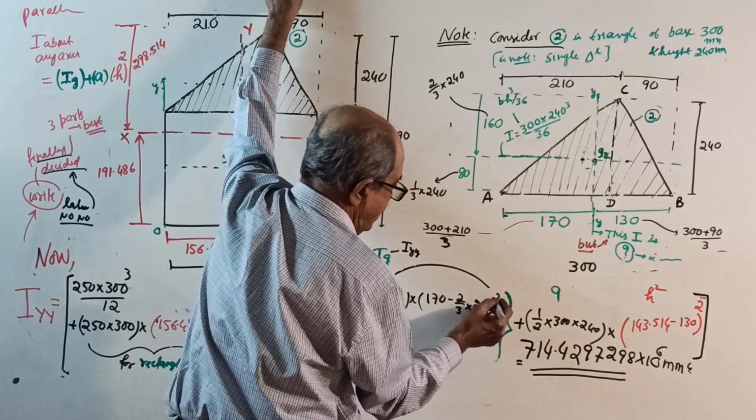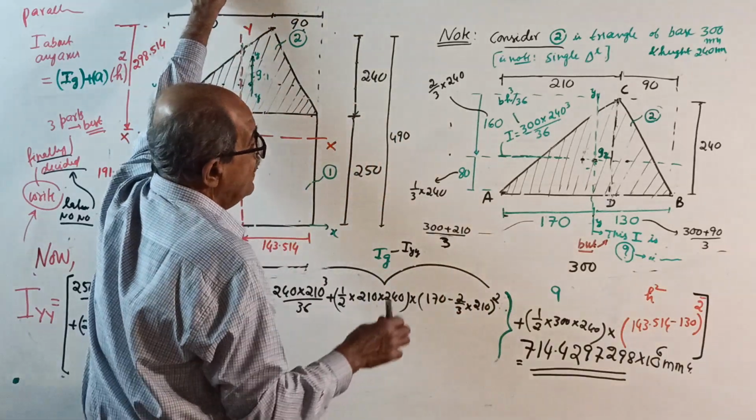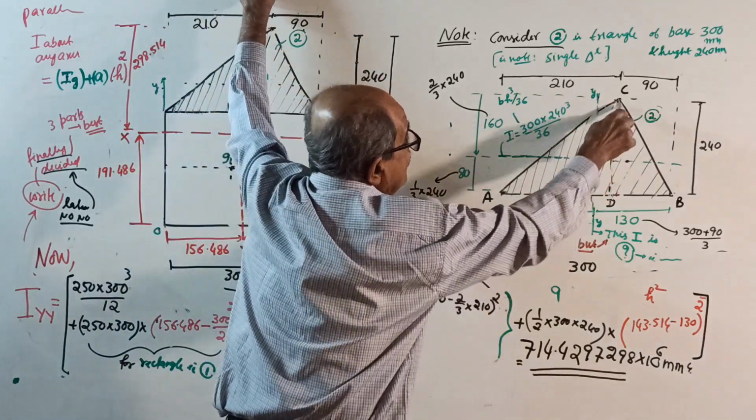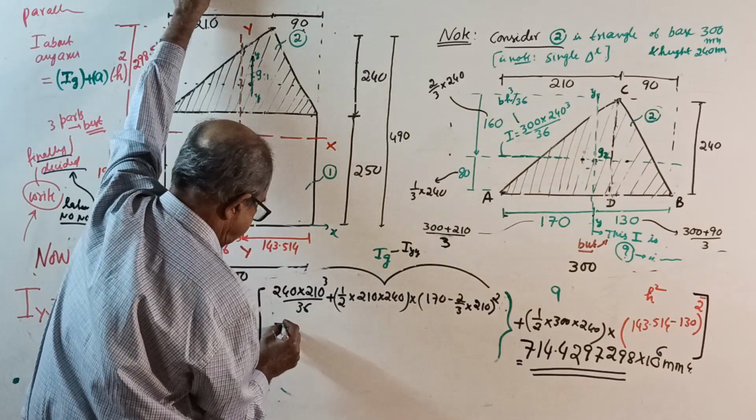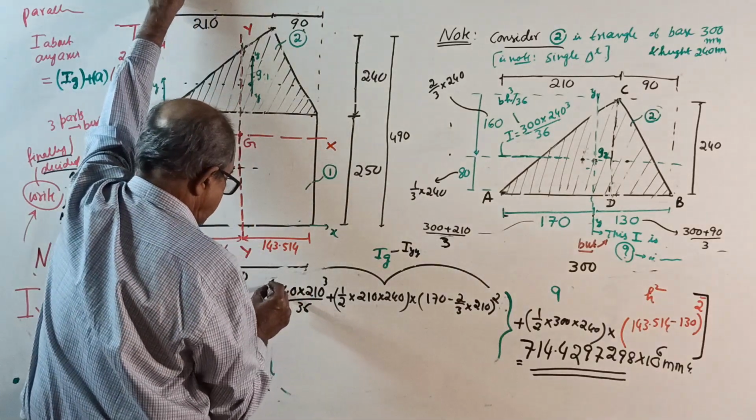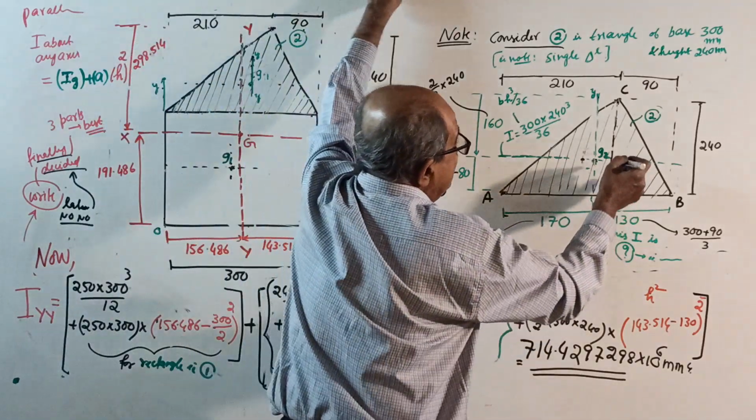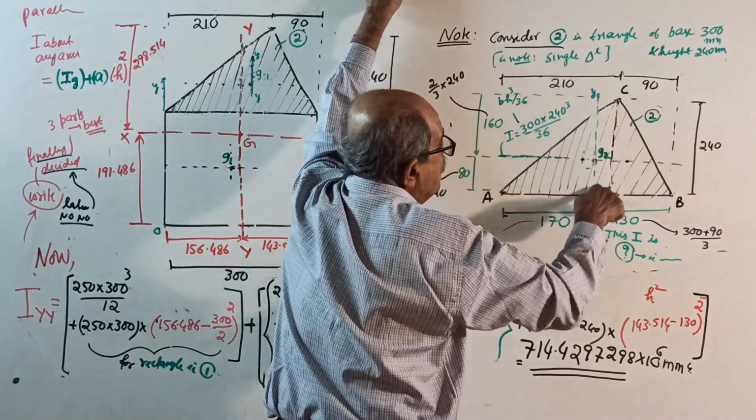210 whole square. That is I about this axis for this triangle, plus I about this axis we want.